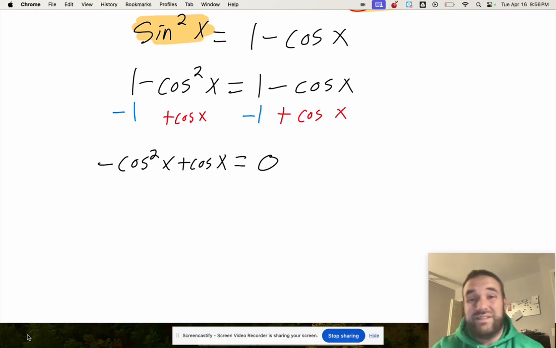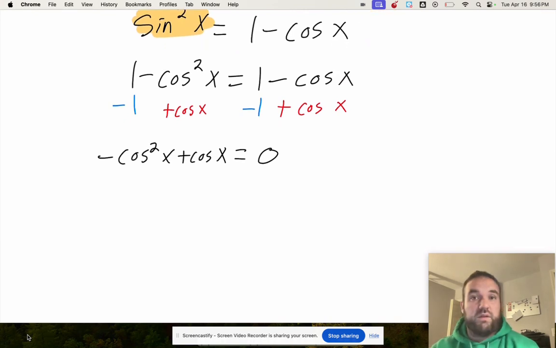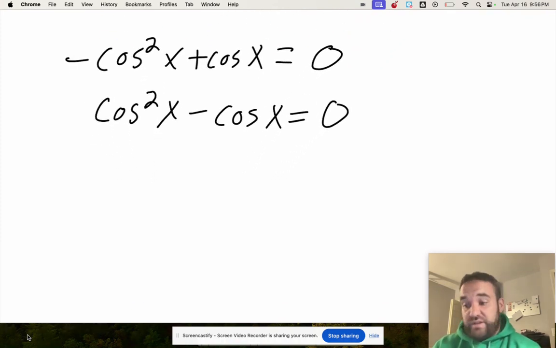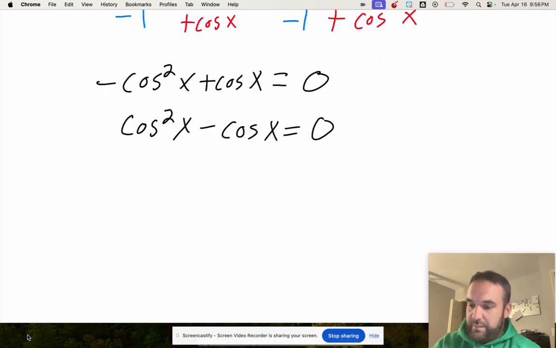I personally do not like factoring when my squared term is negative. So I'm going to distribute a -1 through this entire equation. So I'm just going to change everything to the opposite, which is fine because the opposite of 0 is still 0. Now these two terms, cosine squared and negative cosine, do have a common factor of cosine.